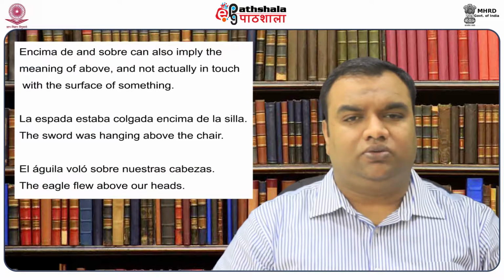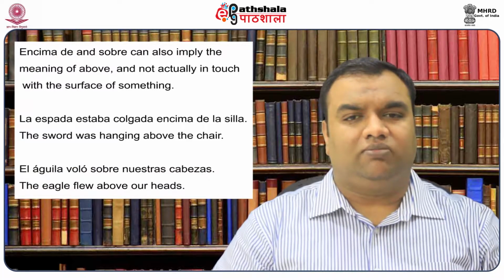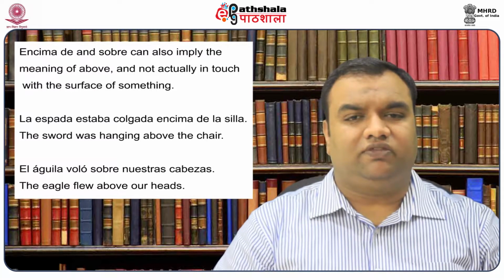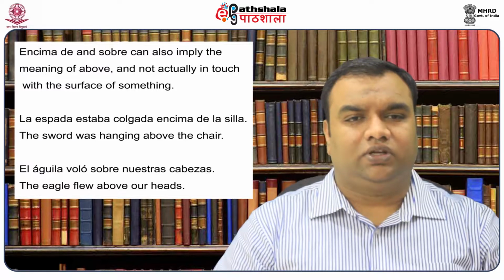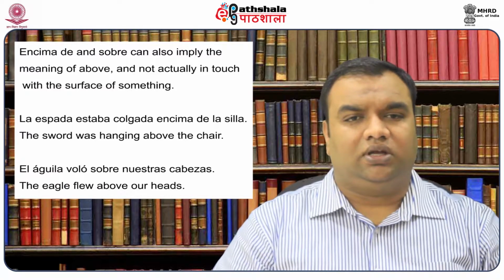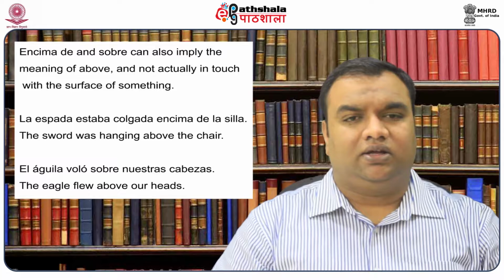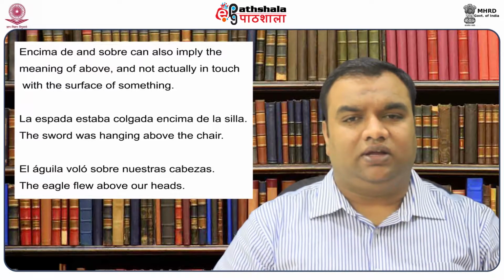Encima de and sobre can also imply the meaning of above, and not actually in touch with the surface of something. For example, la espada estaba colgada encima de la silla.